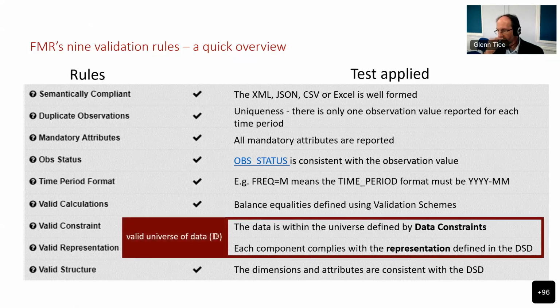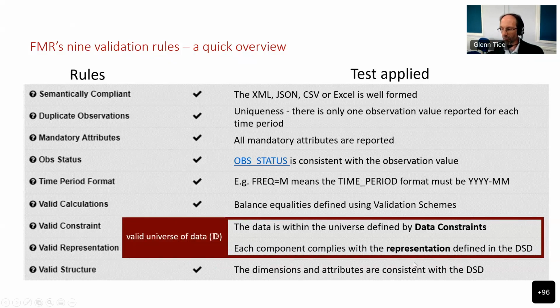So what we're going to look at mainly in the rest of the presentation is two key things. The first is about how we can use the SDMX structures and Fusion Metadata Registry to define the so-called valid universe of data, and we've got two ways to do that.